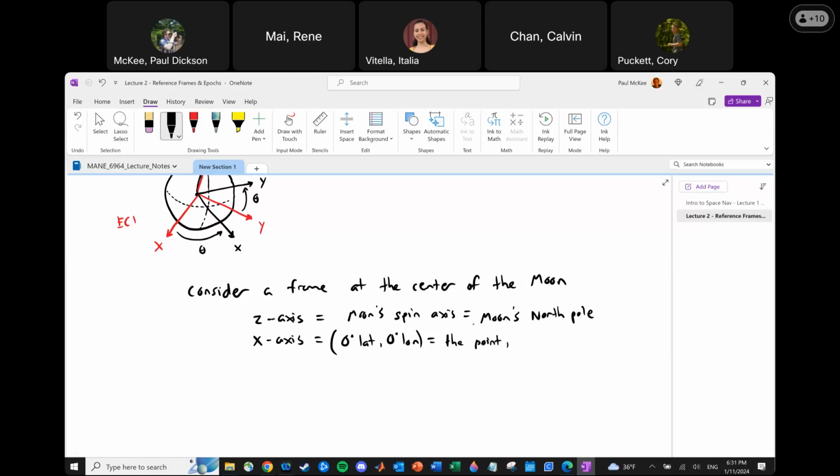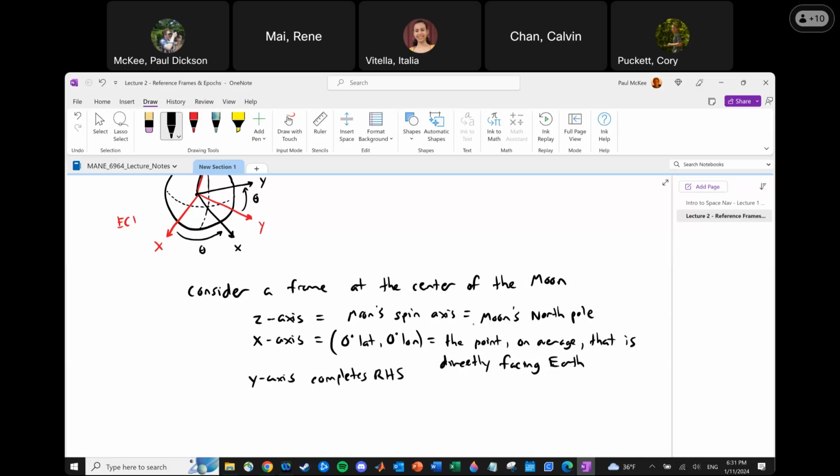So this is the point on average which is directly facing the Earth, because remember, the moon and the Earth are tidally locked, so we're always looking at the same side of the moon. And then the y-axis just completes the right-handed system.